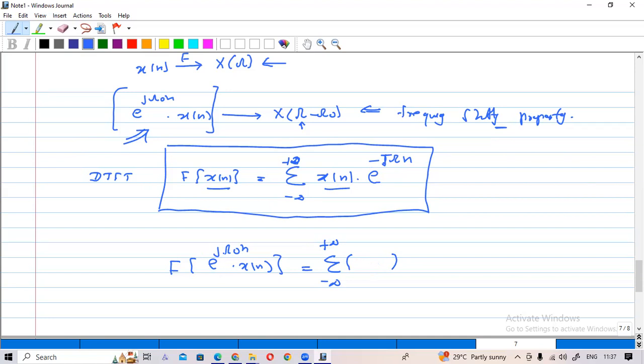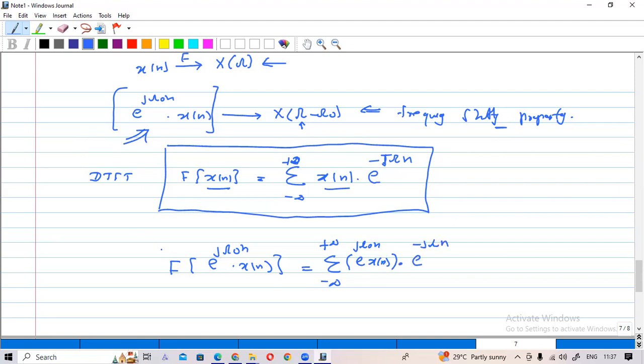Now you have e to the power j omega naught n xn. So what is the Fourier transform? You have to multiply this whole term, that is e to the power j omega naught n xn, by e to the power minus j omega n.